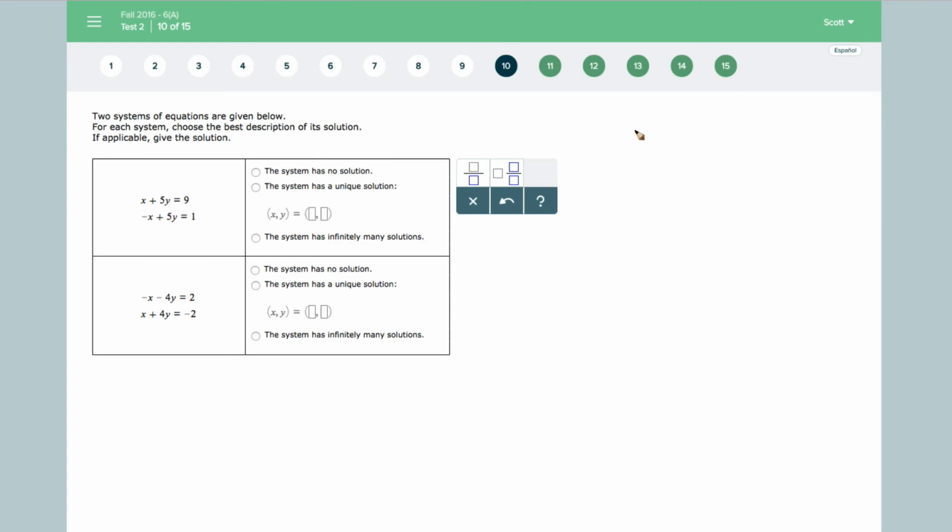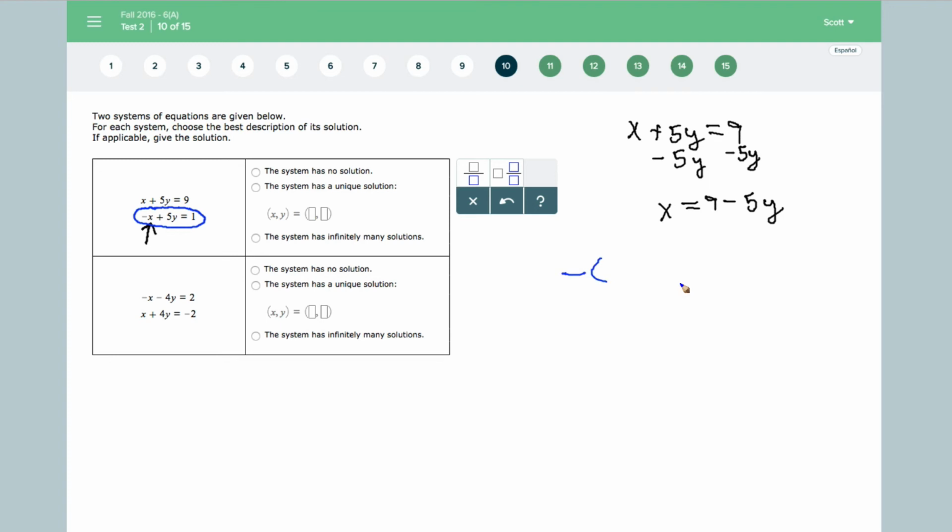So let's go ahead and do that. I have x plus 5y equals 9. I'm just going to solve for x. To do that, all I have to do is minus 5y. And I have x equals 9 minus 5y, or negative 5y plus 9. Great. Now I know what's going in for x right here. So I'm going to rewrite that equation, this one right here, with parentheses around the x.